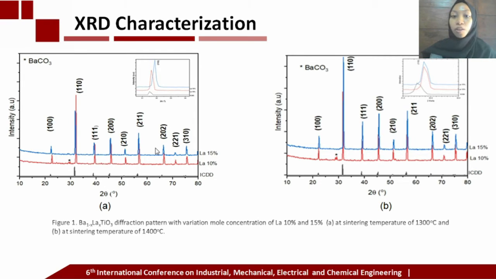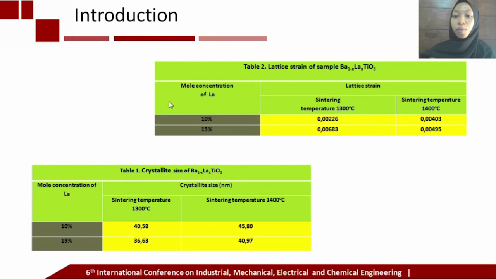Lanthanum has a smaller atomic radius, so the more lanthanum modified into barium, the more it will change the atomic distance, so the lattice parameter will decrease and the lattice strain will increase, and it also affects the unit cell volume. The unit cell volume will decrease, so the crystallite size will decrease too.